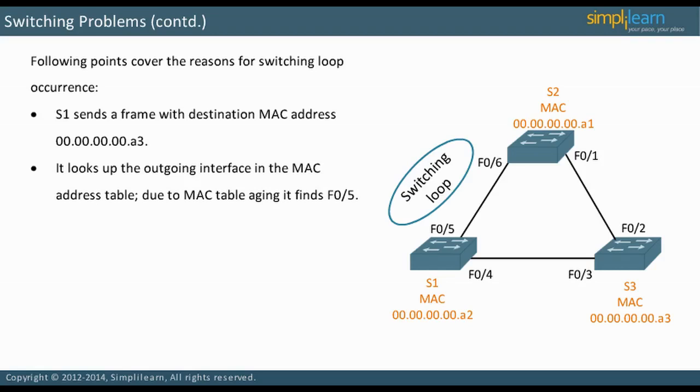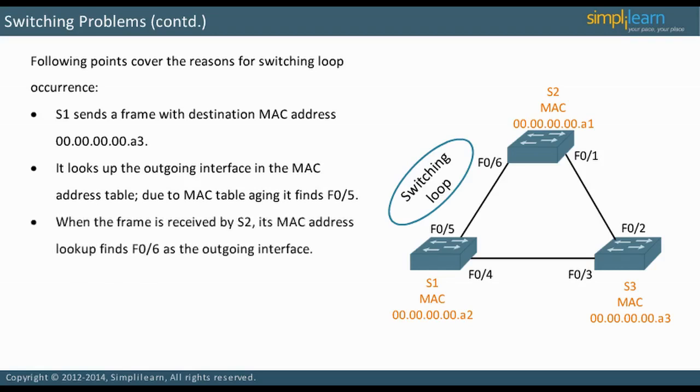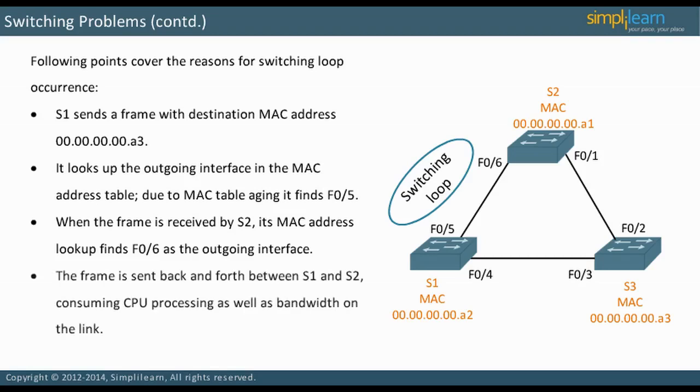Due to MAC table aging, it finds the F05 interface. When the frame is received by S2, its MAC address lookup finds F06 as the outgoing interface. The frame is sent back and forth between S1 and S2, consuming CPU processing as well as bandwidth on the link. The frame may never reach S3. This is how a switching loop is created.